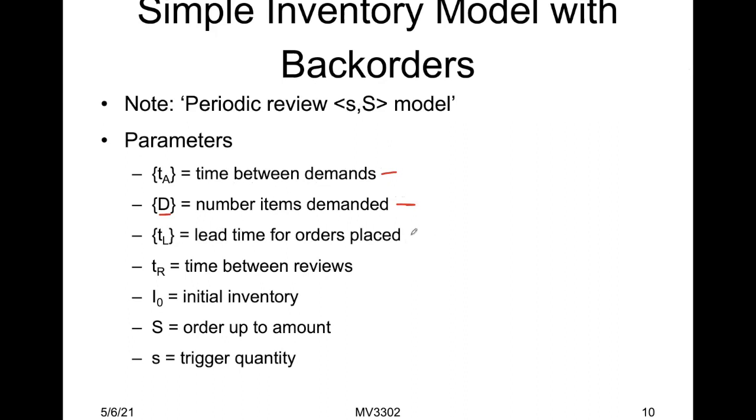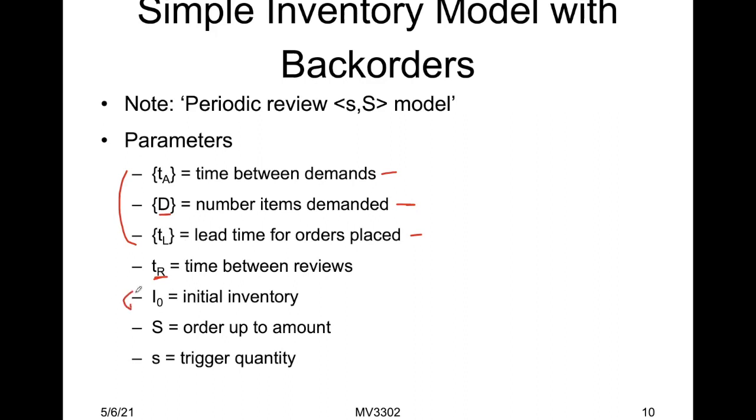Our lead times are typically random as well, so that's another parameter. The time between reviews is something we can control. So in a way that's a parameter, but these others are a bit out of our control; that's completely exogenous.